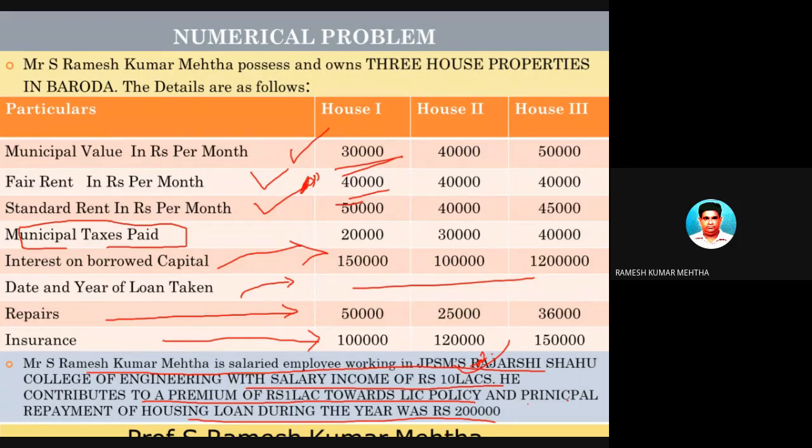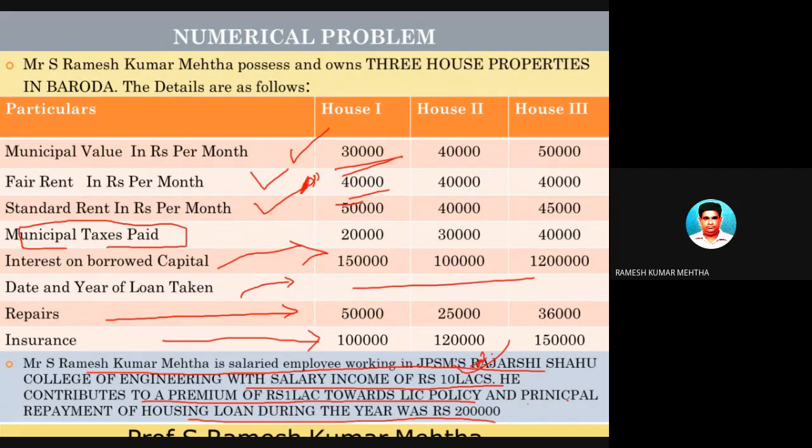This year the bank has deducted a principal amount of rupees 2 lakhs. With this given data, you are supposed to find out income from house property, income from salary, any deductions, and gross total income.